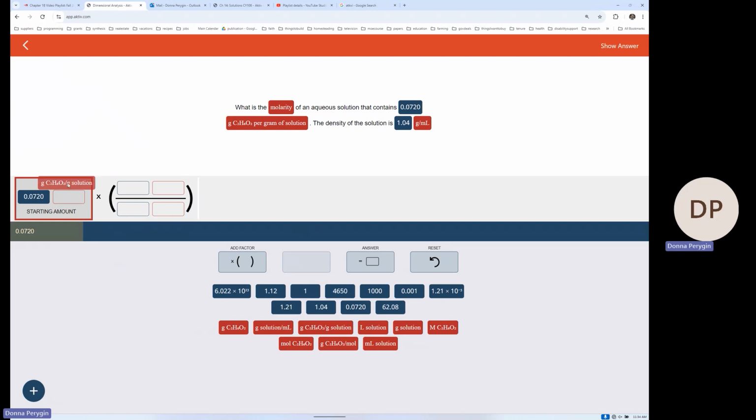So you have to put this as your starting amount. Okay. And our next factor is the molecular weight, 62.08 grams per mole. So 62.08, we need that in the denominator. Grams of ethylene glycol per mole of ethylene glycol.